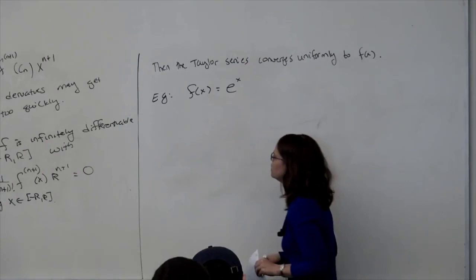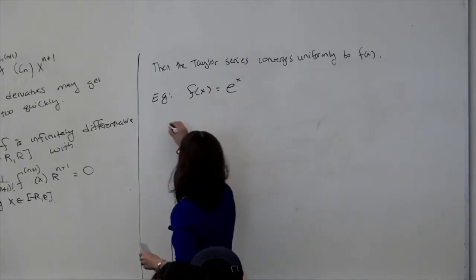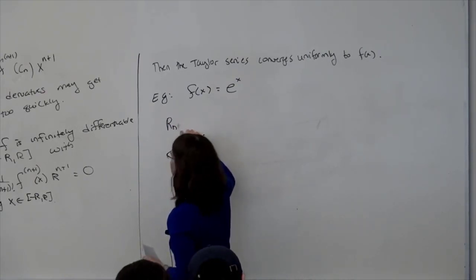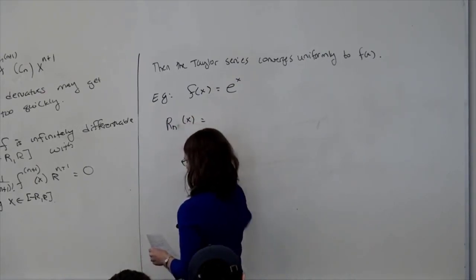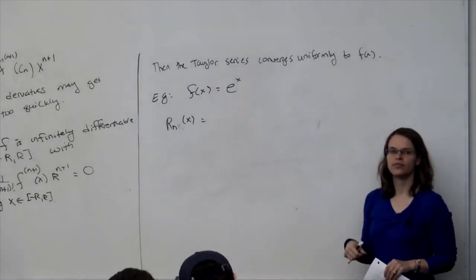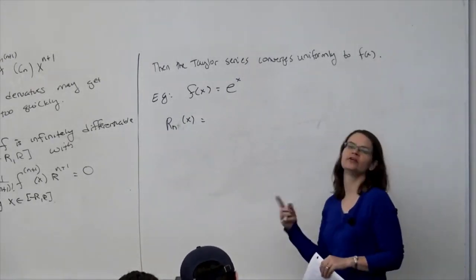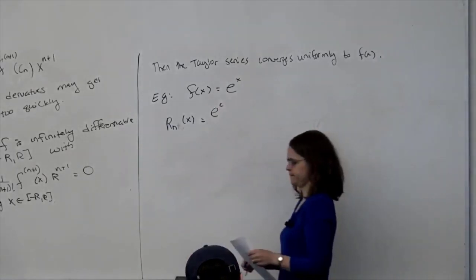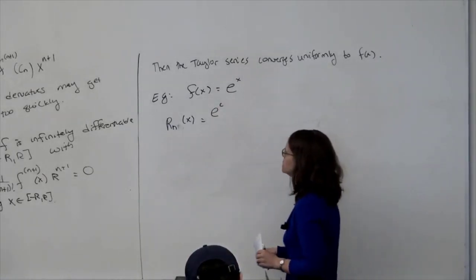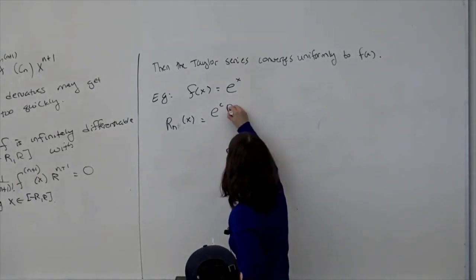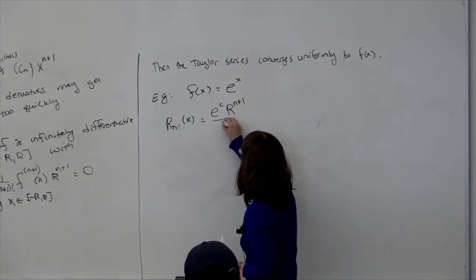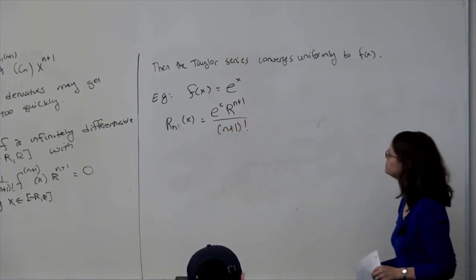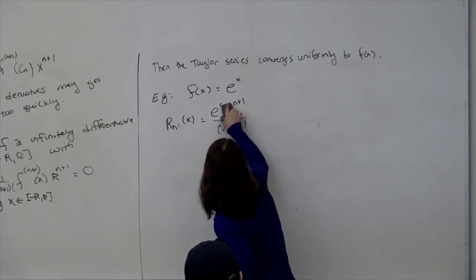Okay, so what happens in our Taylor remainder term? In this case, R_n has this form. The n plus first derivative, the derivatives of e to the x are always e to the x. So that's going to be e to the c somewhere, times x to the n plus 1 divided by n plus 1 factorial.